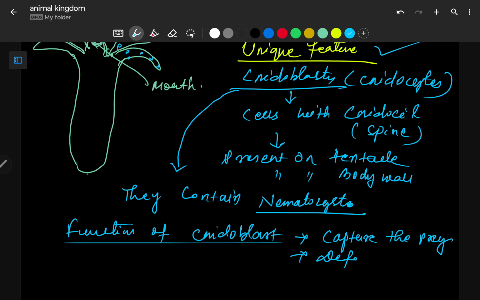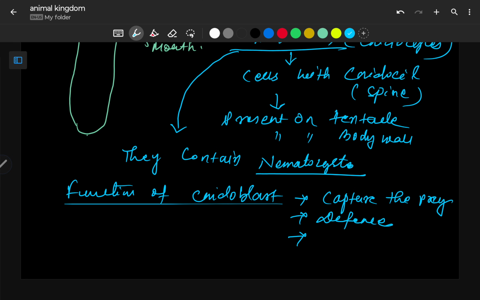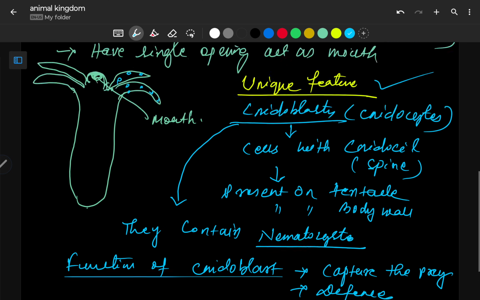So defense is the second function. And besides that, those which are sessile, जो sessile है या फिर sea का bottom में जाकर attach होते हैं, in that case it helps in anchorage. Okay, so this is about the unique feature.